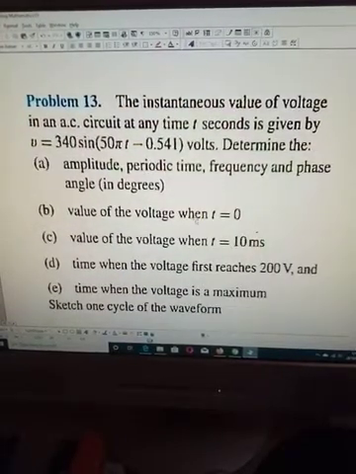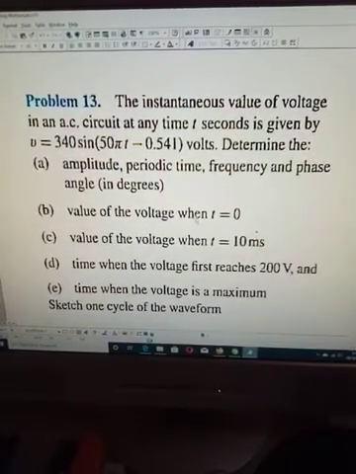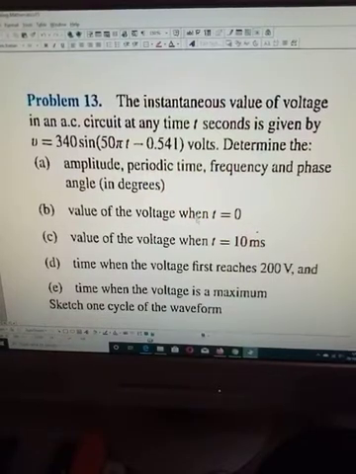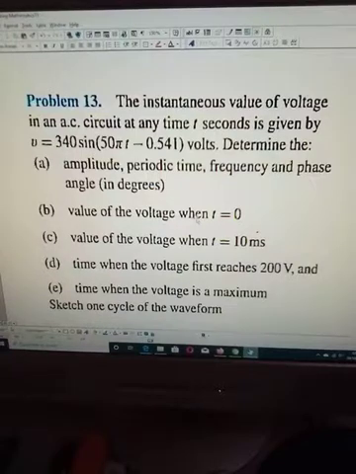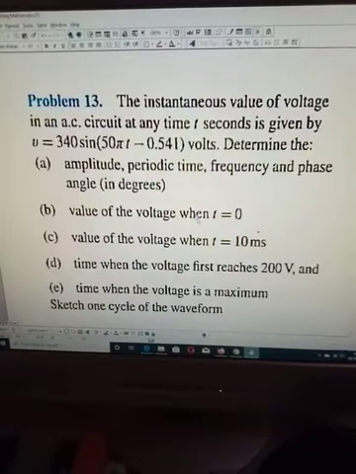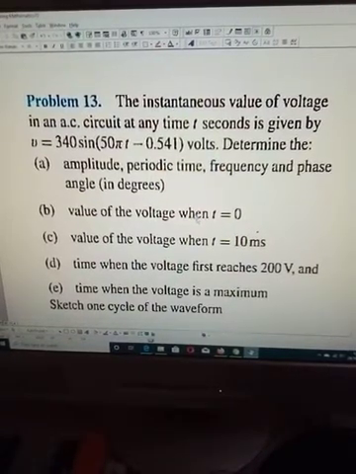Problem 13. The instantaneous value of voltage in an AC circuit at any time t seconds is given by v equals 340 sine (50 pi t minus 0.541) volts. Determine the amplitude, periodic time, frequency and phase angle in degrees.